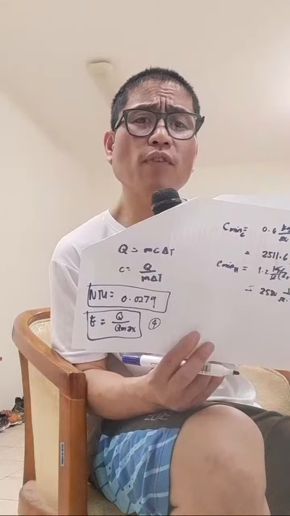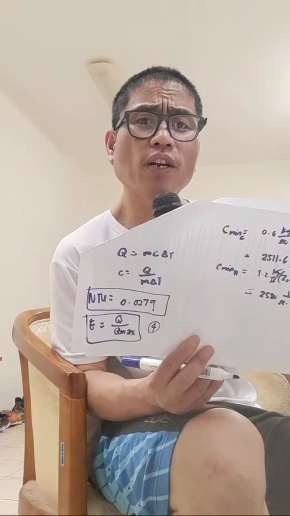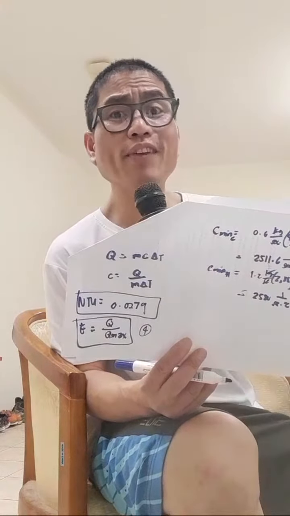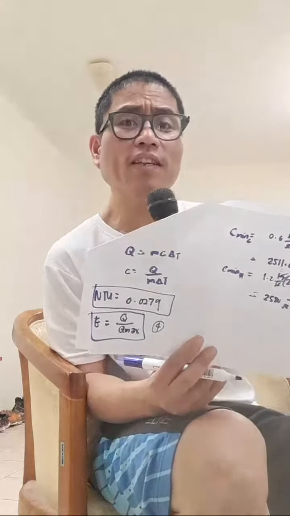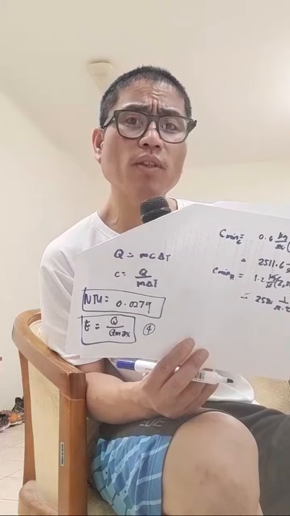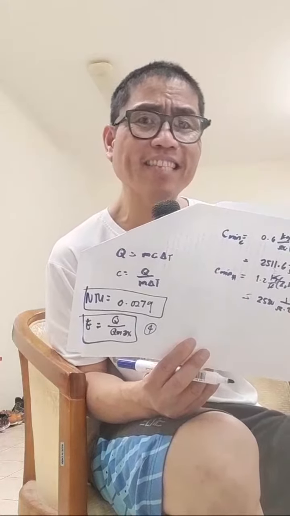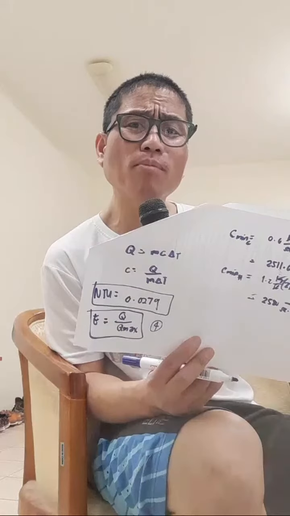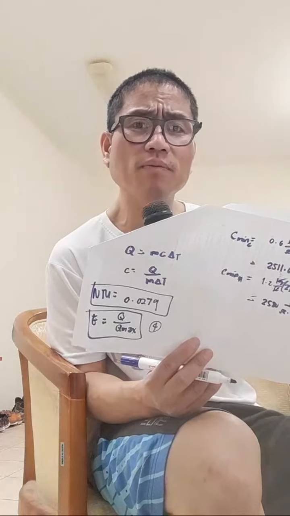Our equation number 4: the overall efficiency of your heat transfer is equal to the actual heat energy between these two, water and the steam, over the maximum heat between these combined. So our heat Q is equal to the overall efficiency times Q max.